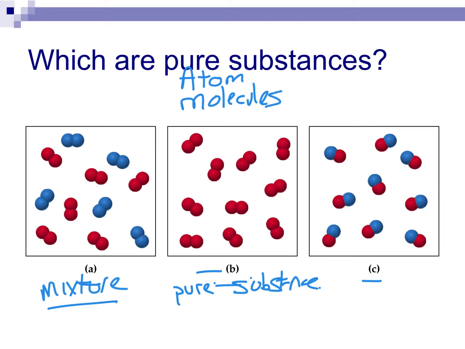Does the substance in substance B exist as atoms or molecules? I hope you're choosing molecules because that's what it exists as. In the mixture, is the mixture made of atoms or molecules? There's two different substances, but both of those substances are molecules.